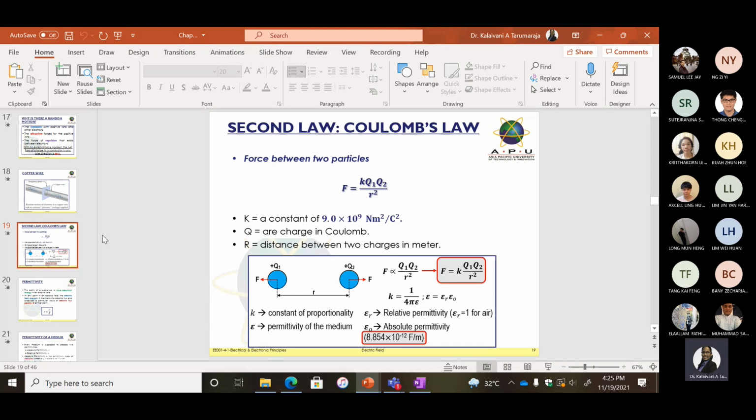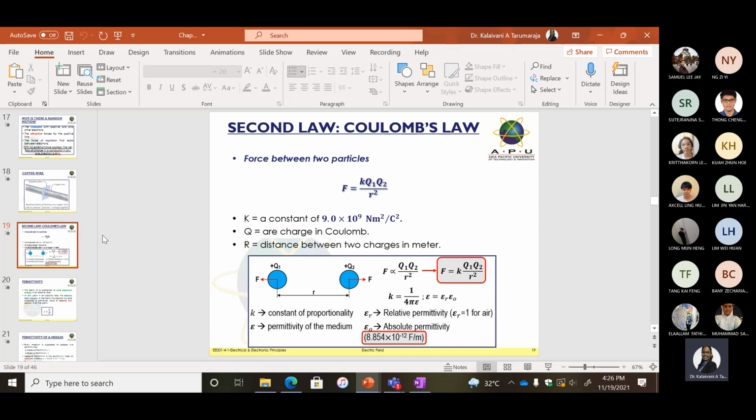At the same time, they also define the permittivity of the medium, and how they get the equation for K. K equals 1 divided by 4 pi times the permittivity, the symbol like an epsilon.